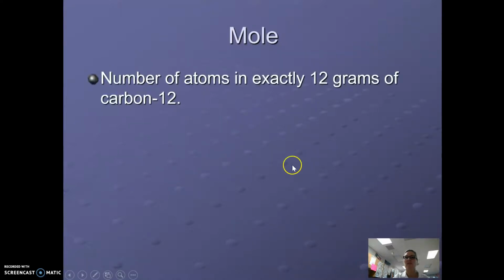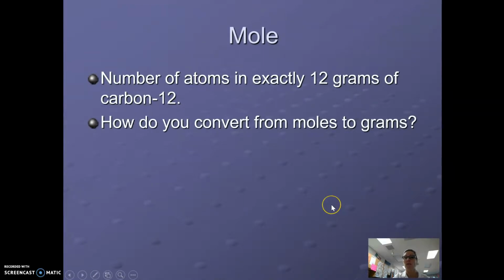So what does that do for us? Well, there's a few definitions you need to understand. The number of carbon atoms in exactly 12 grams of carbon-12, that's the definition for a mole. And when you're getting ready to convert from moles to grams and grams to moles, those AMUs from the periodic table, we also equate those to grams.